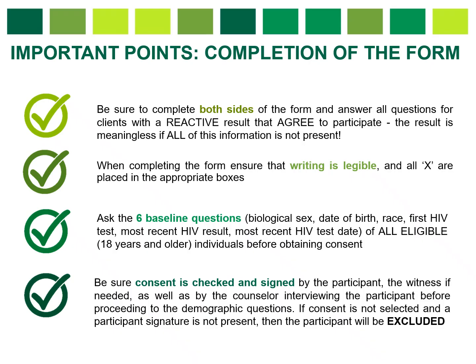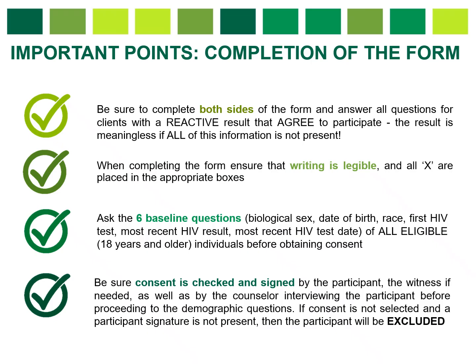So make sure to complete both sides of the form, and very important to complete the consent section, whether someone agrees to participate or refuses to participate. If we don't have this section, unfortunately we cannot include any of the information, so it's important that this is completed correctly.